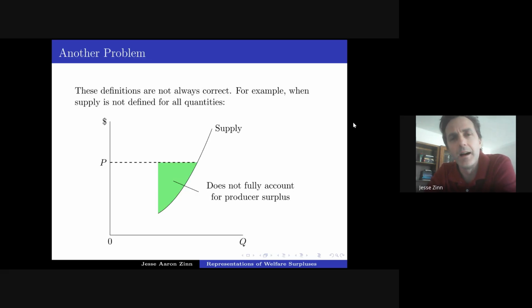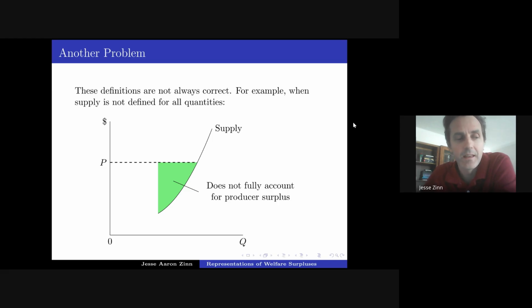And yet another problem is that these definitions are not always correct. For example, we often teach that supply is not necessarily defined for all quantities. We teach that supply is the part of the marginal cost curve that's above the minimum of average variable cost.